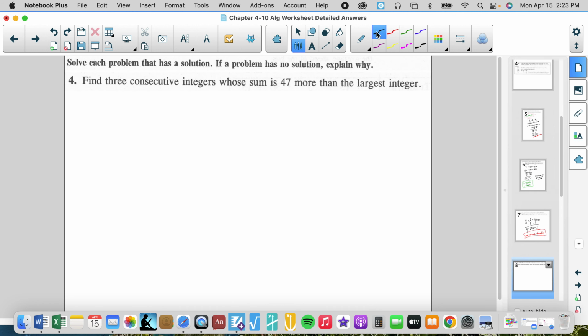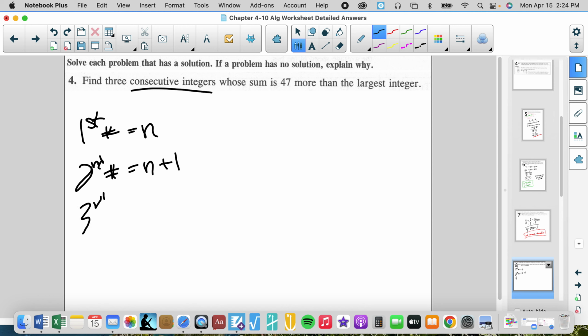Find 3 consecutive integers whose sum is 47 more than the largest integer. This is a great one. First number is going to be n. Second number is going to be n plus 1, so consecutive integers. So third number is going to equal n plus 2.